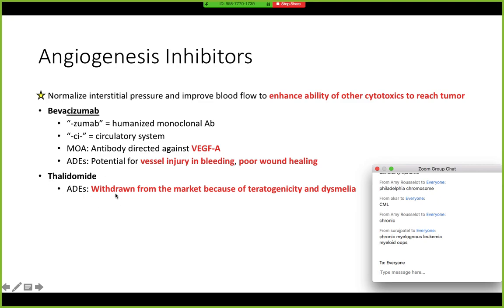And then thalidomide. I believe you talked about that in anatomy, in the lecture on limb development. So thalidomide was taken off the market because of its teratogenic effects, specifically on the limb. So what does dysmelia mean?